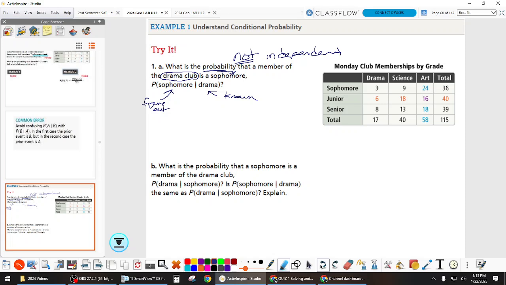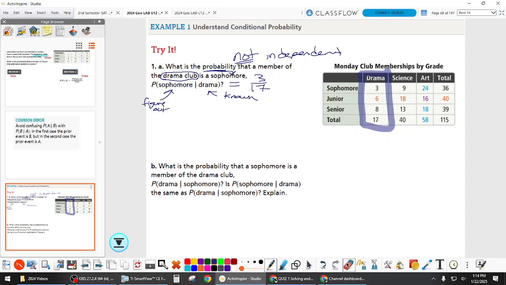It is actually vertical because we're saying a member of the drama club. So that directs you to pick from the drama club. Then "is a sophomore" says out of the drama kids, there are 3 sophomores, right? So this should equal 3 out of 17.